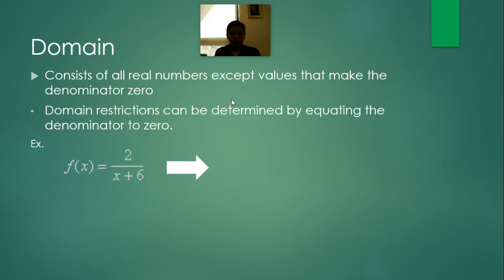So to start with, we have f of x equals 2 over x plus 6. Again, this one is going to simply refer to the domain, which only considers values that will not make x plus 6 zero, which brings us -6.